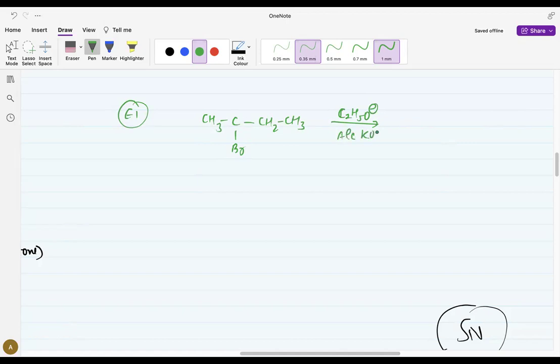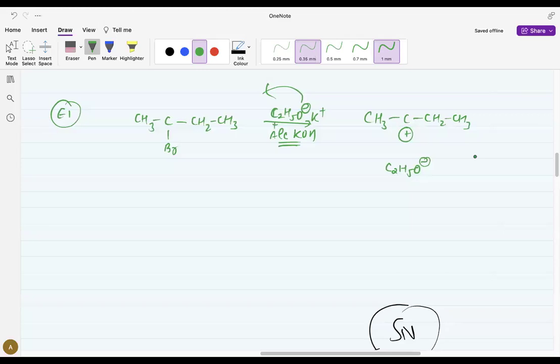If on the arrow it is written alcoholic KOH, or C2H5O minus K positive or Na positive, so before the attack only, it will remove the bromine and make carbocation. Now C2H5O minus will come and take the hydrogen.